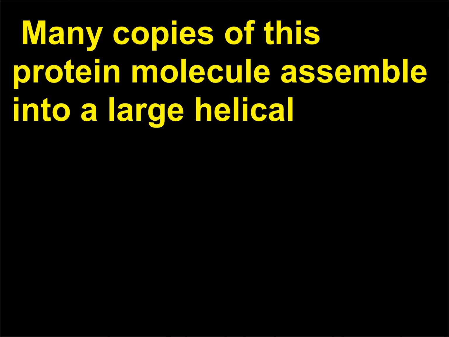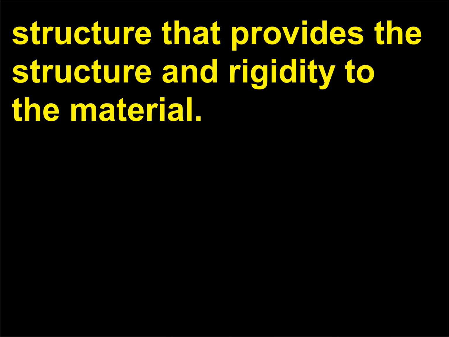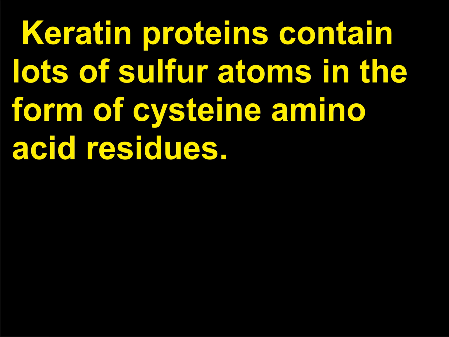Many copies of this protein molecule assemble into a large helical structure that provides the structure and rigidity to the material. Keratin proteins contain lots of sulfur atoms in the form of cysteine amino acid residues.